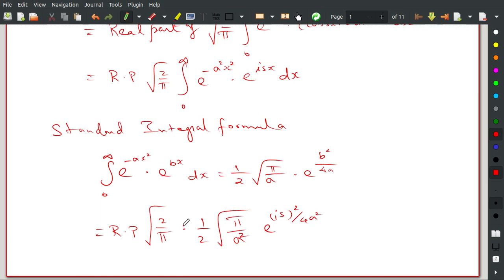Okay, so this is real part of root 2 by pi into 1 by 2 root pi by a square into e power minus, right? We have a minus, since it's i square we have minus s square divided by 4a square.